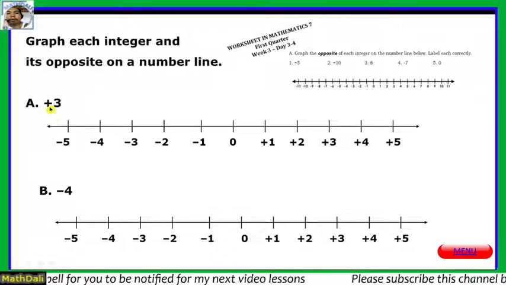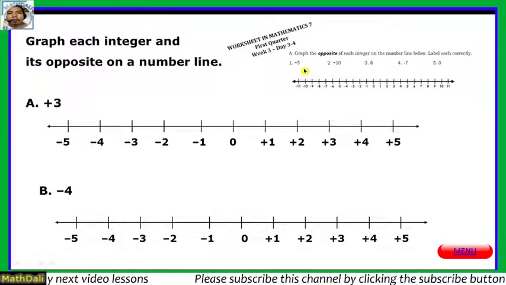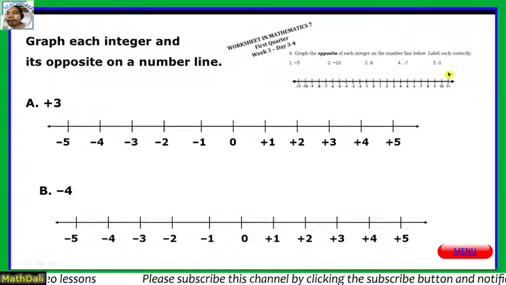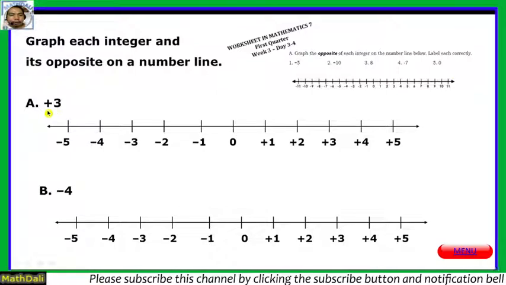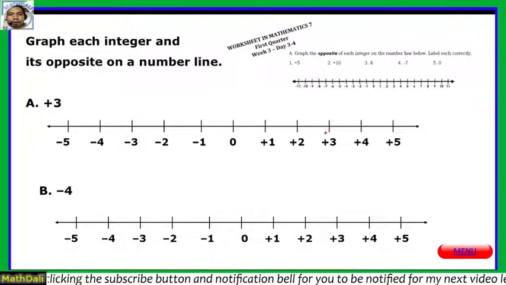I-plot natin tong mga to doon sa number line. Siyempre, lalagay din ninyo yung label kung ano yung number na yon. Halimbawa, dito, we have positive 3. Locate natin yung positive 3 na yan sa ating number line. Ito yung kanyang location.